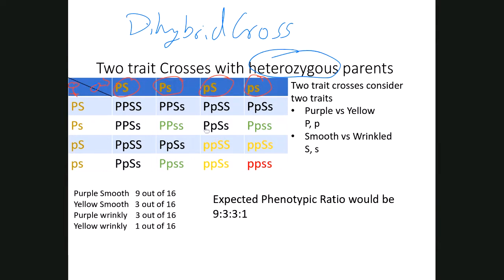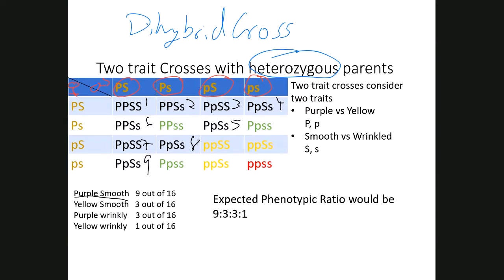You can do the combinations yourself. But what we end up with is 1, 2, 3, 4, 5, 6, 7, 8, 9 purple smooth. 9 out of 16 are purple and smooth.